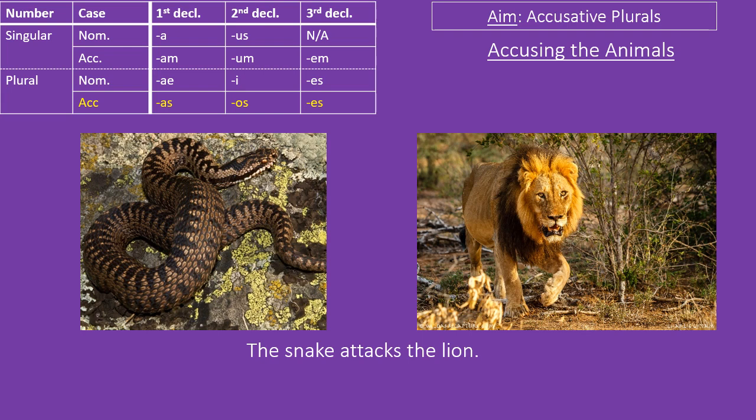And finally, we have the snake attacks the lion. Now this one's a bit hard, because as we remember from last time, third declension doesn't really have a nominative singular ending. So it's actually just going to be the basic form of the noun, which you may remember as Serpens. But you could work out what ending the lion is going to have.